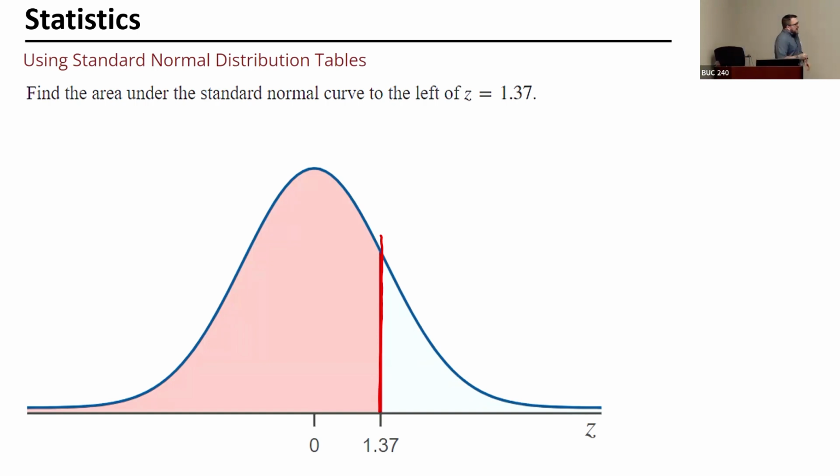That is some sort of area from here back. There is some amount of this normal curve that has been colored in, and we need to find out what percent. And this is exactly where you would have started using back in the day that other formula for integration, but luckily for us, we have calculators and tables.